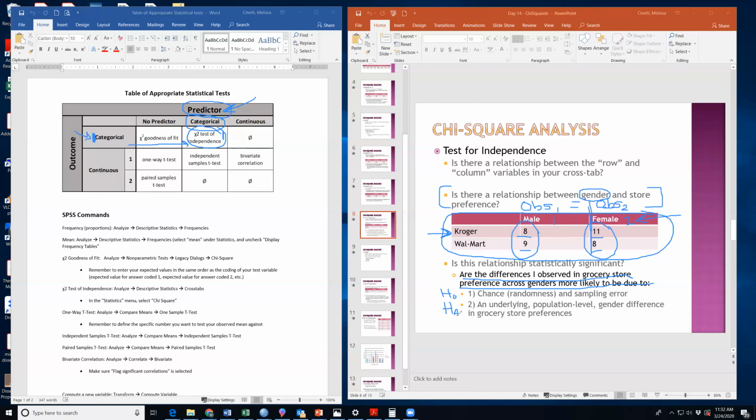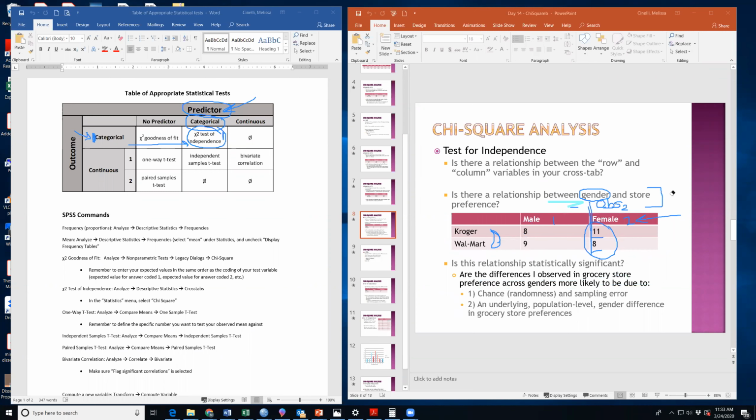That's our alternative hypothesis. These two groups are not the same at the population level when it comes to where they prefer to grocery shop. To find out which one of these two is more supported by the data from this specific sample, we have to do the chi-square test of independence.